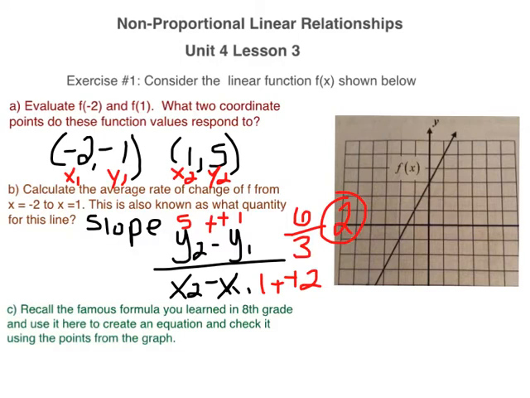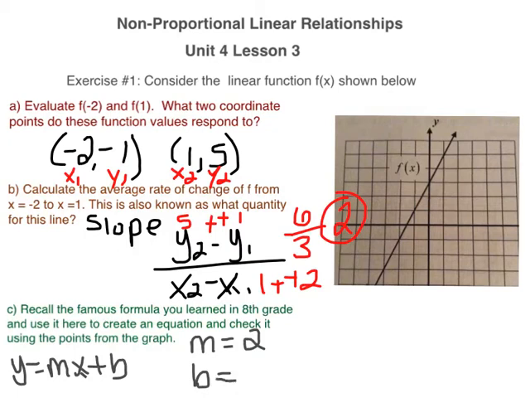Now let's look down to D. Recall the famous formula you learned in 8th grade and use it here to create an equation and check it using the points from the graph. If you can remember correctly, the famous formula you should have learned in 8th grade is y equals mx plus b. The m equals my slope, which you just found out was 2, and the b equals my y-intercept.